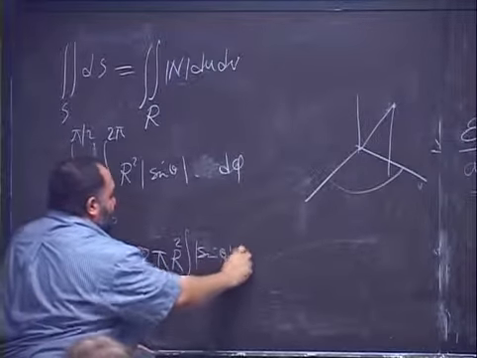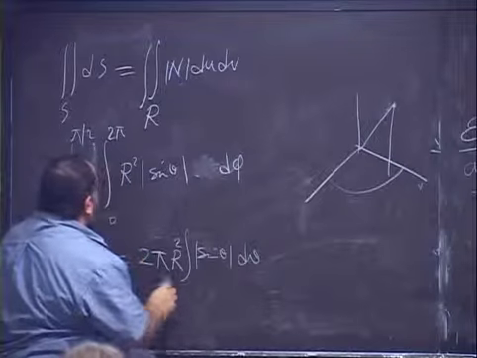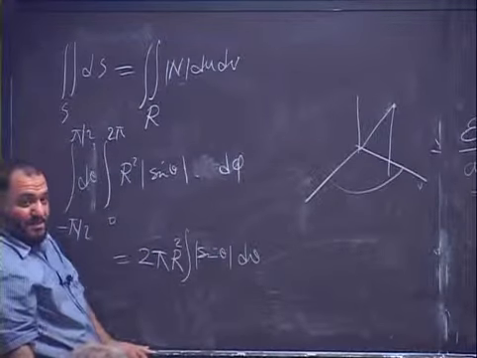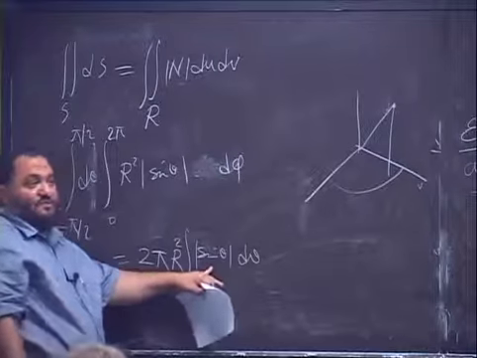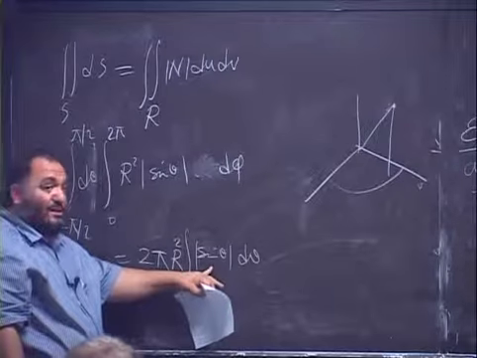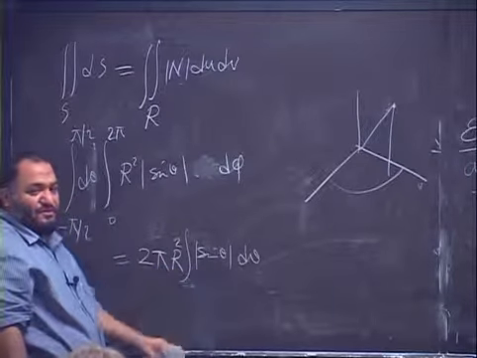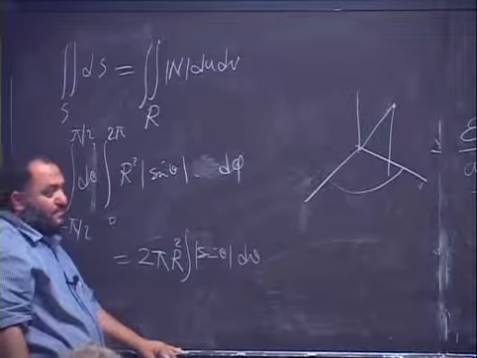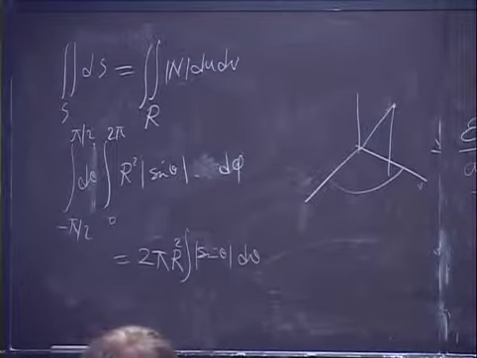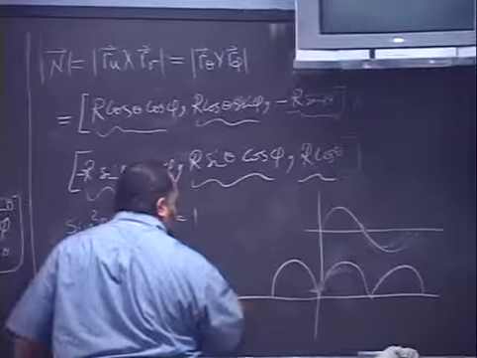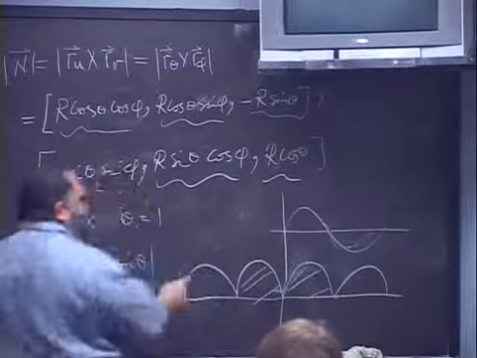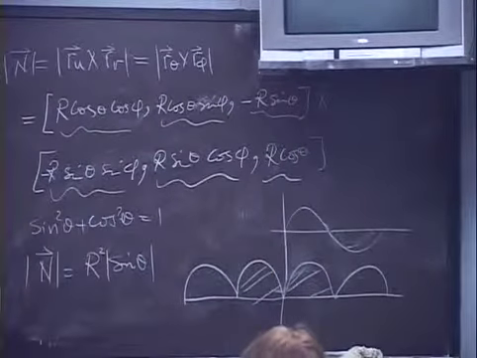Sine theta d theta from negative pi over 2 to pi over 2. Yes? But is this an odd or even function? No, it's an even function. Even functions are symmetric with respect to the y-axis.